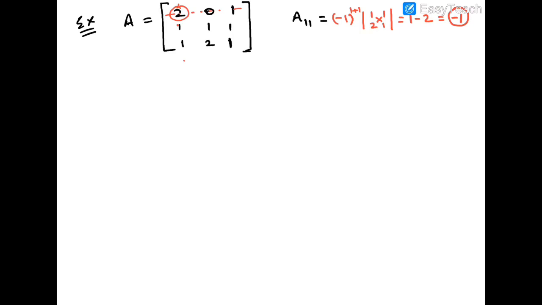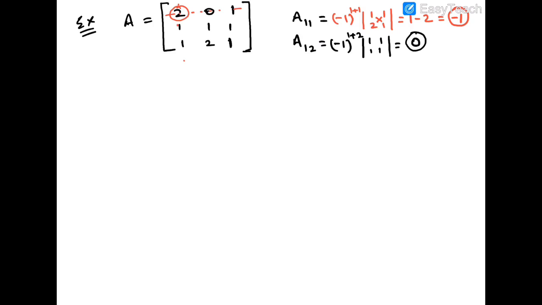Similarly, for the cofactor of 0, A12 is (-1) to the power 1 plus 2, and if the first row and second column are eliminated, the remaining elements are 1 1, 1 1, which will give us 0.